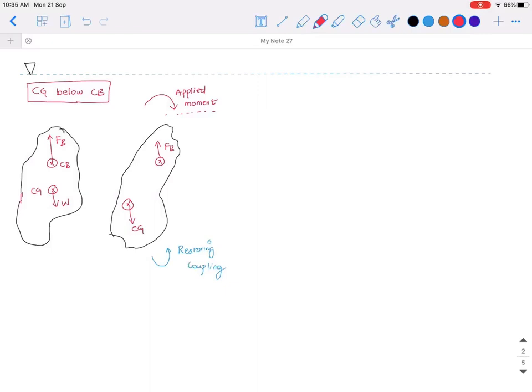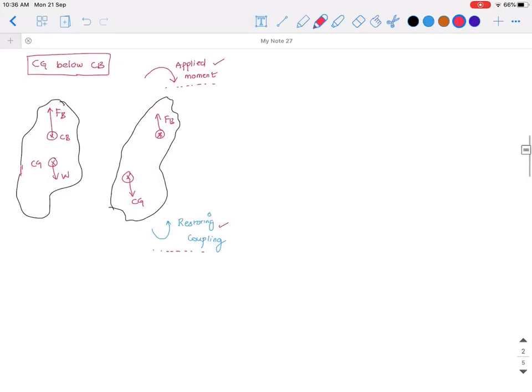So as a result, you can see that at this point the weight acts downwards. At the center of buoyancy, the buoyancy force acts upwards. As a result, it creates a couple in this direction, which will restore the body back to its original position. The applied moment, for example in this case, is clockwise, and the restoring couple is anti-clockwise. As a result, the body comes back to its original position.